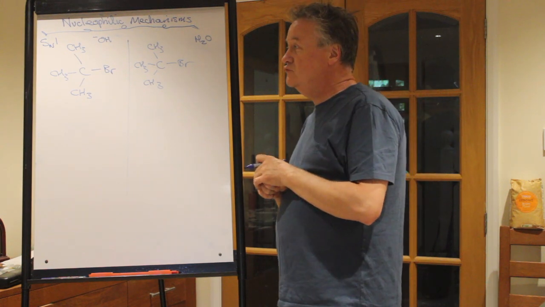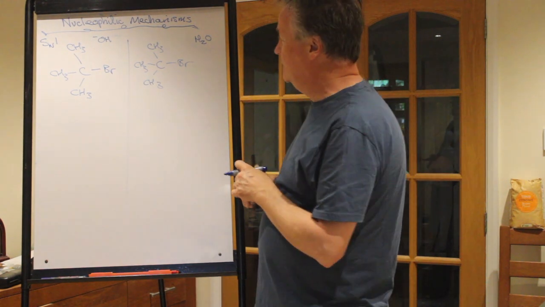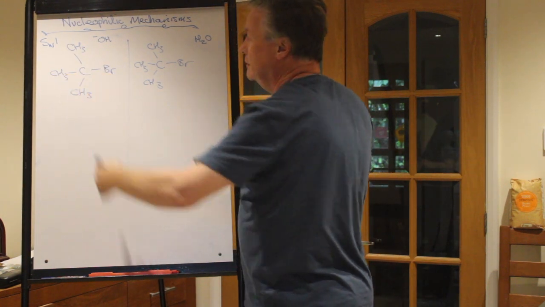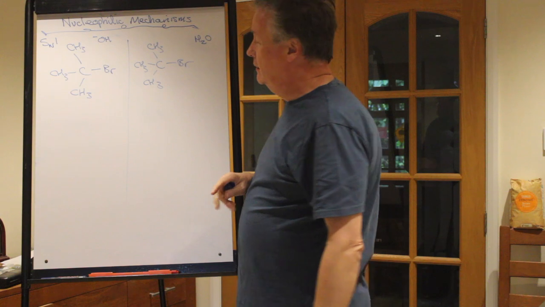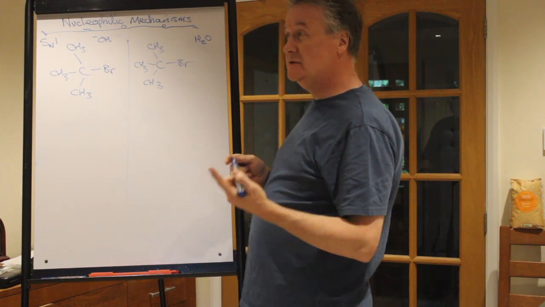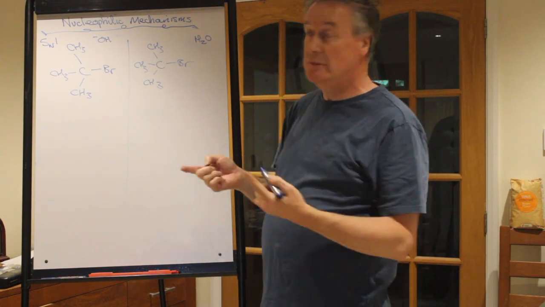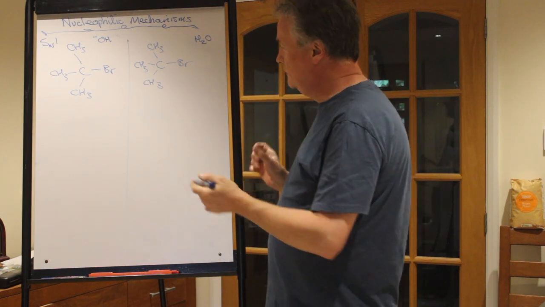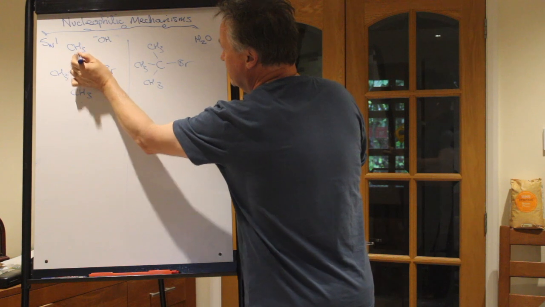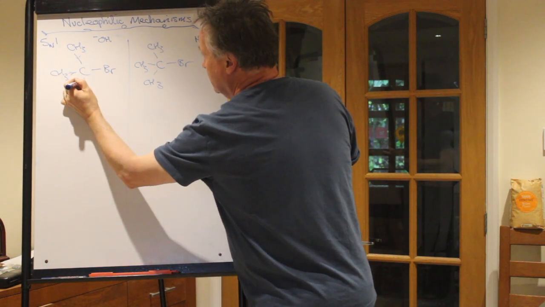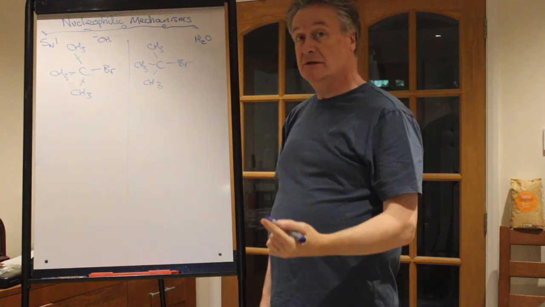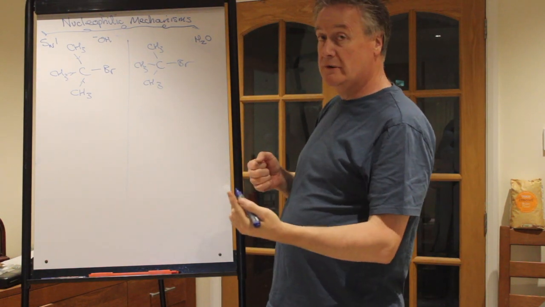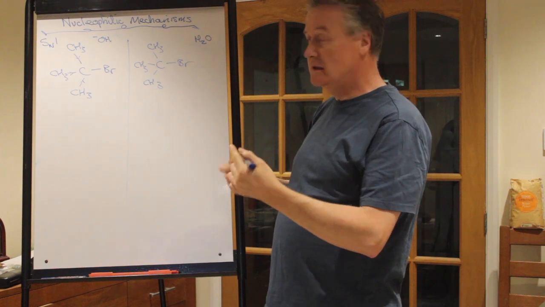So, driven in this mechanism is the fact that there are 3 alkyl groups. Now, one of the things that alkyl groups do in molecules is they push electrons towards other things. So what happens here is methyl groups push electrons. Now, ethyl groups are better at this than methyl groups, and propyl groups are marginally better than ethyl groups.